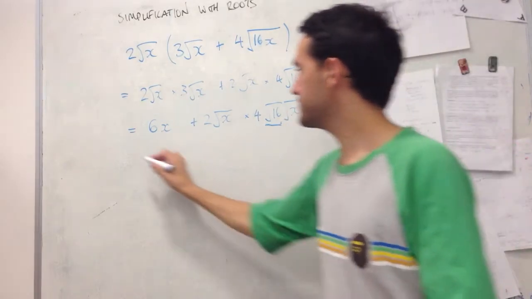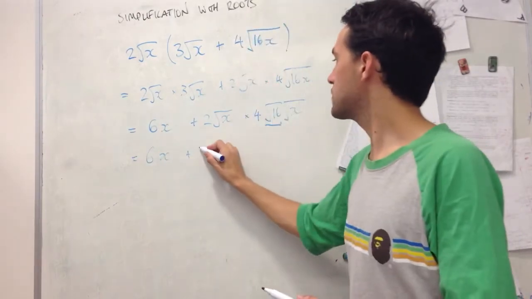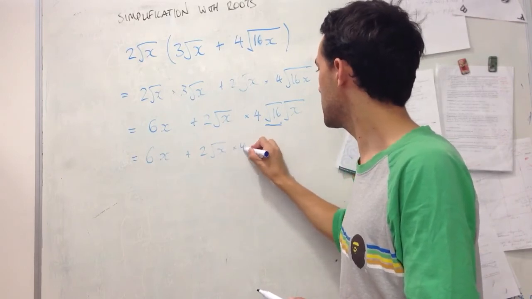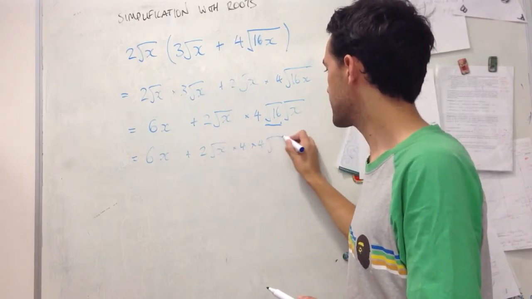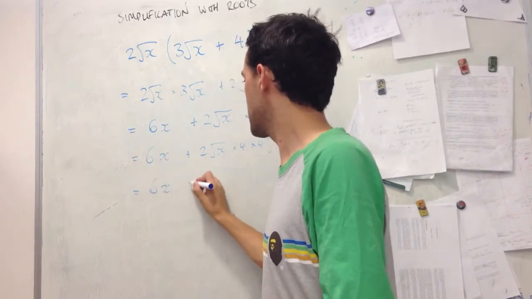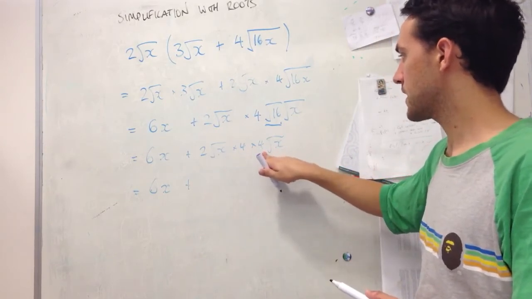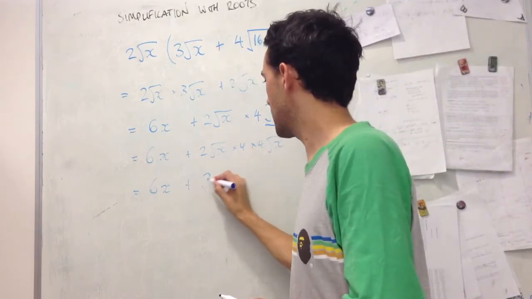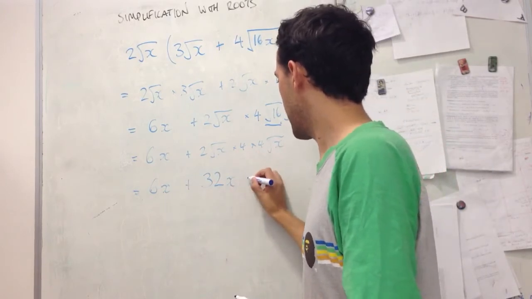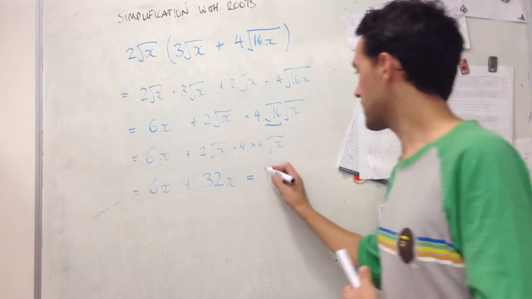So what I have now is 6x plus 2 times root x times 4 times root x, which gives me 6x plus, so I can do the 2 times 4 times 4, which gives me 32, and then root x times root x gives me x, and then as my final step, add these together to give me 38x.